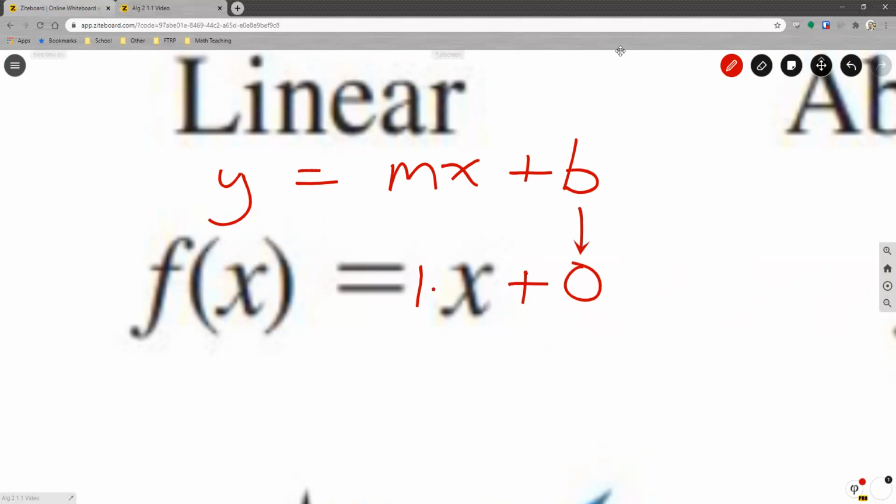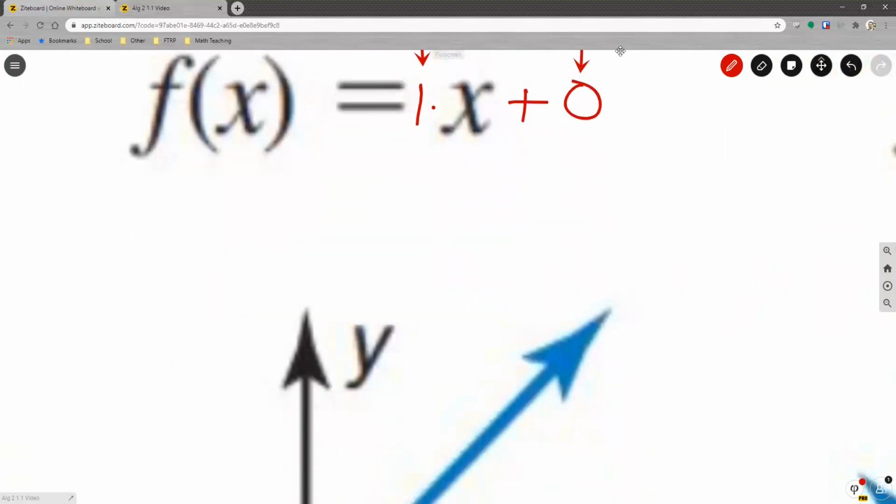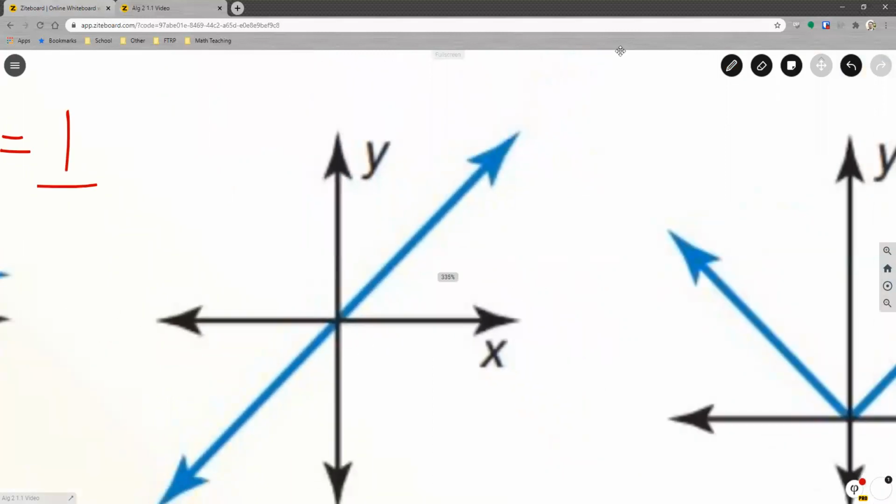So my slope is 1, and my y-intercept is 0. That parent function looks like a diagonal line sloping upward as we move from left to right.